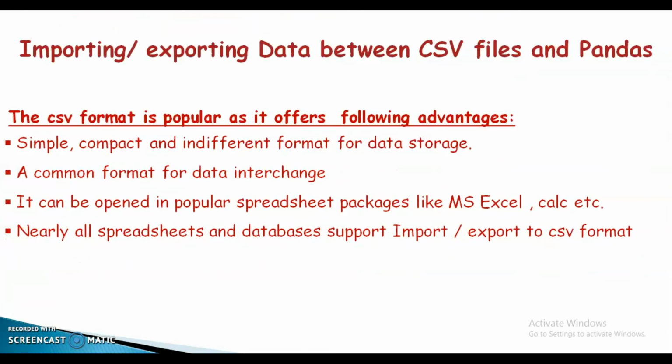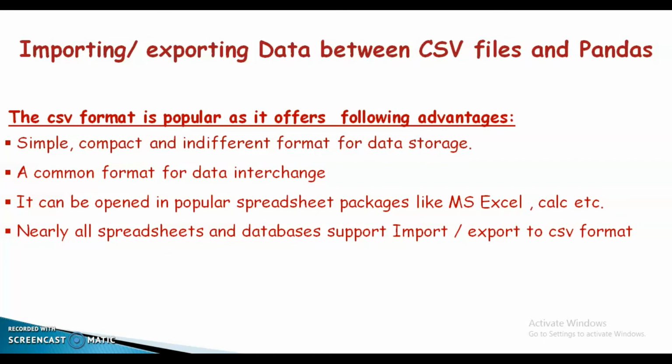Okay, the CSV format is popular as it offers the following advantages. First, a simple, compact and indifferent format for data storage. We can store the data in this particular format itself, that is CSV format, comma separated values format.